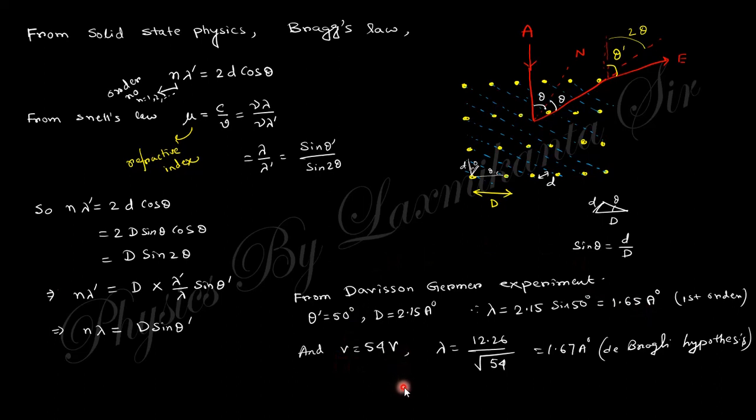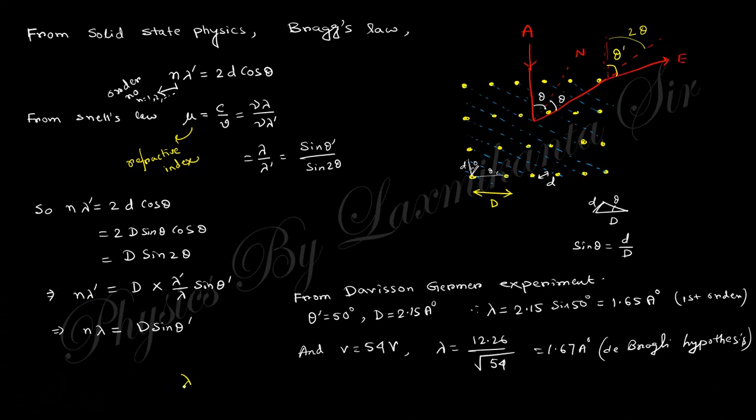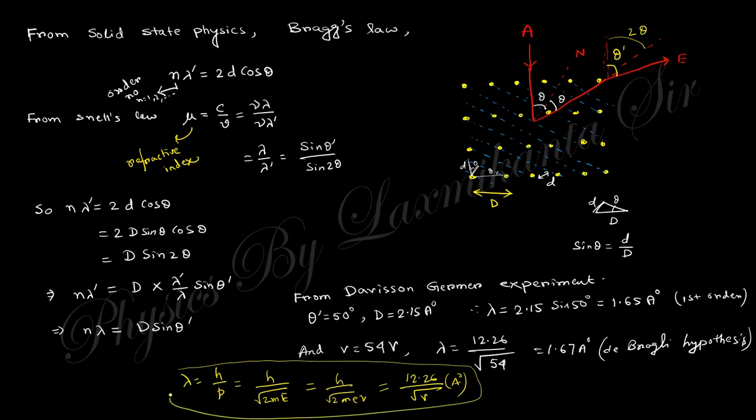And from the de Broglie hypothesis, lambda equals h by p, and p is nothing but root 2mE, because E equals p square by 2m. So this energy equals eV, energy in terms of voltage. So you will get 12.26 by root V in Angstrom. This is the formula obtained from the de Broglie hypothesis.